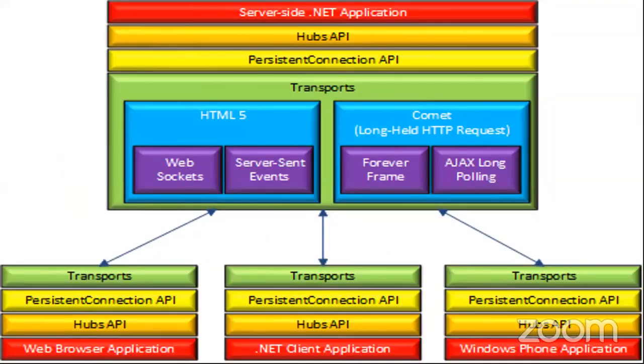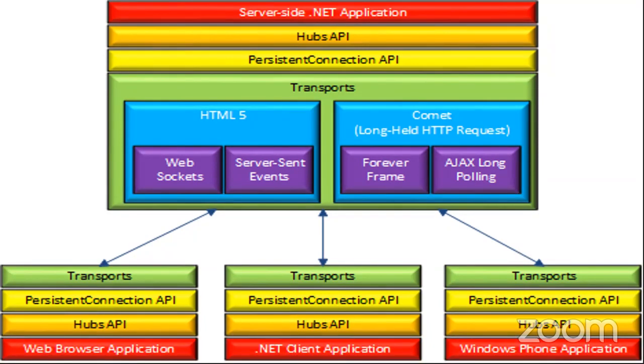This is actually the SignalR framework. It's a very big concept. This is a basic overview of the internal architecture of SignalR. We have a server-side .NET application. We have hub APIs and persistent connection APIs.